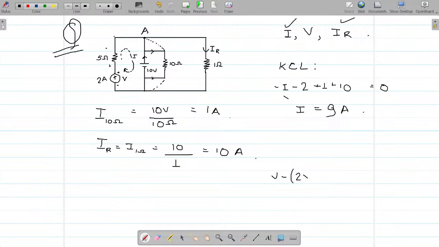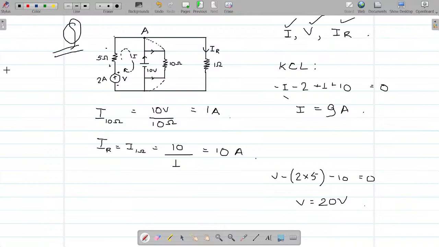We experience a drop. So it will be minus 2 times 5. Now travel here. This would again be from plus to minus, so this is again minus 10 equals 0. Can I write V is equal to 20 volts? So this was your question for today.